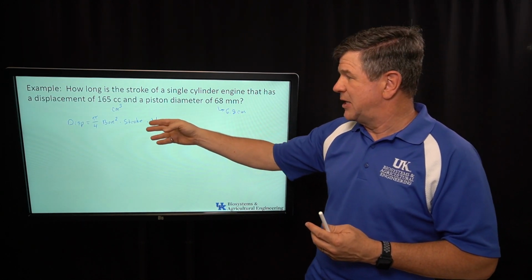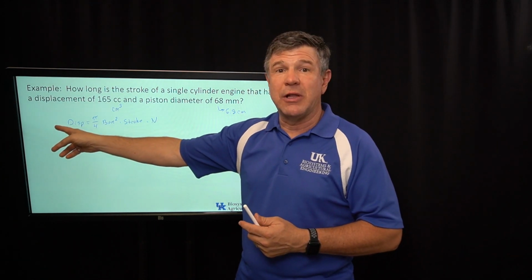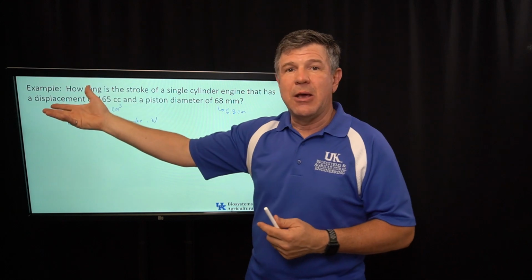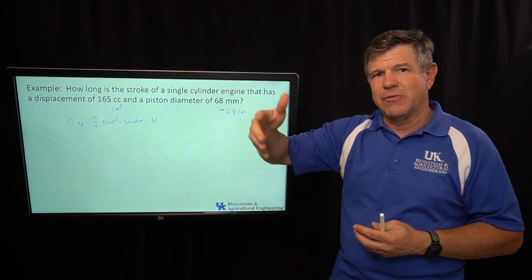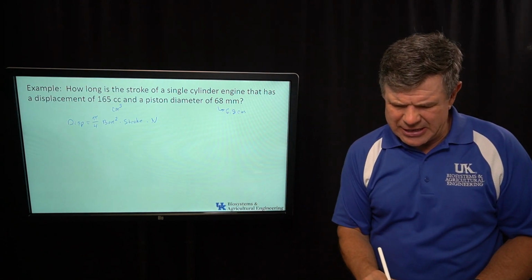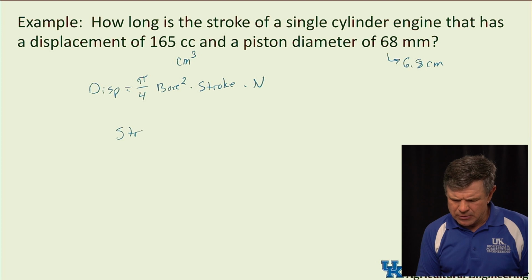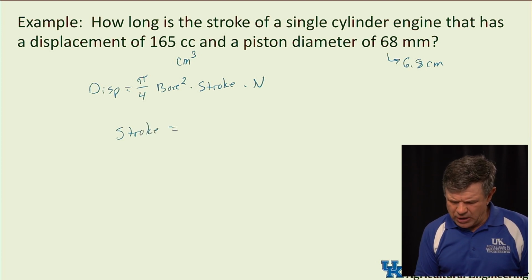And what that will do is cancel everything out on the right-hand side, and end up with all that stuff on the left-hand side of the equation in the opposite position, either in the denominator or the numerator. They'll get switched over in there. So basically what's going to happen in here is that our stroke is going to be equal to the displacement, which was on the right-hand side of that equation, so the displacement stays there.